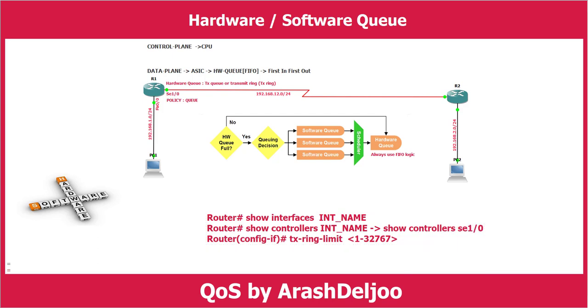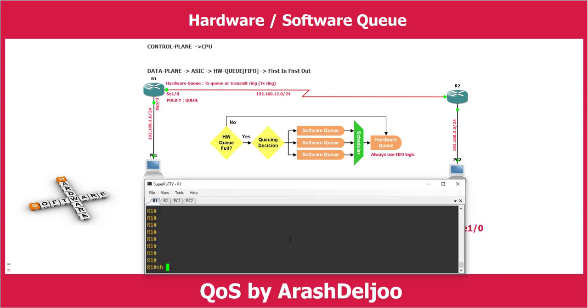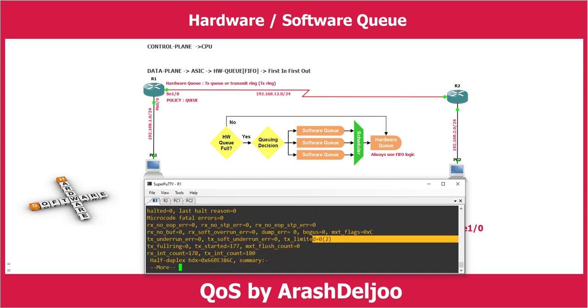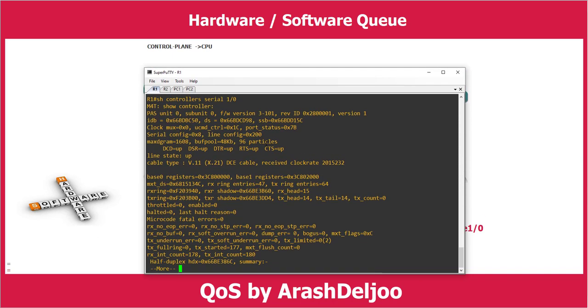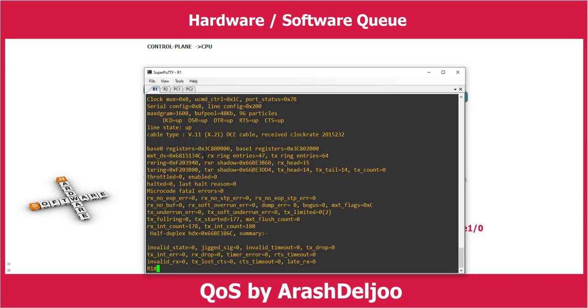Let me show you. As you can see, in router 1, show controllers serial 10 shows us that the TX limited or TX ring has a length. Here we can see the TX limited. We have a lot of information, and now I'm not going to talk about all of it. TX limited is important for us.